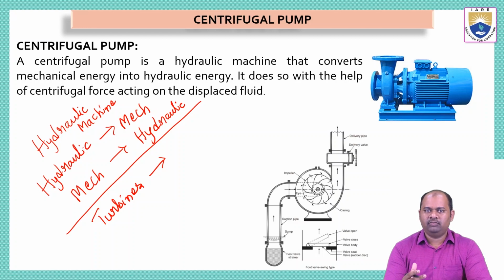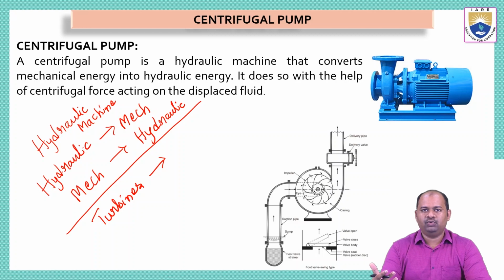This hydraulic energy, with the help of the turbine, can be converted into mechanical energy, that means rotational power. This rotational mechanical power can be given to a generator, where the generator can produce electricity. So turbines are the devices which will convert hydraulic energy into mechanical energy.